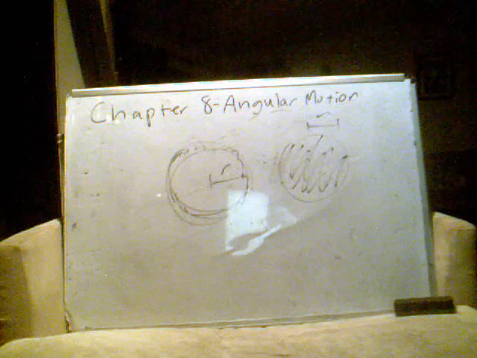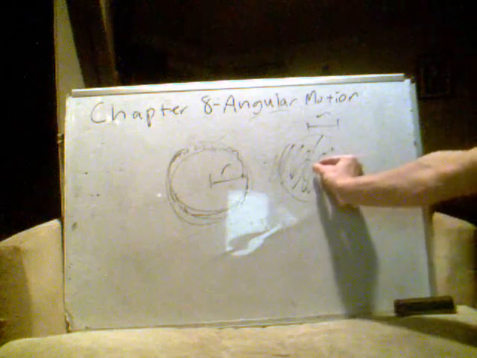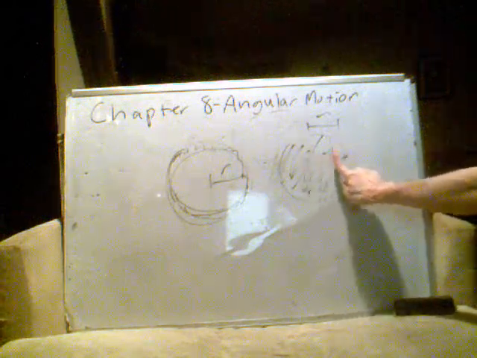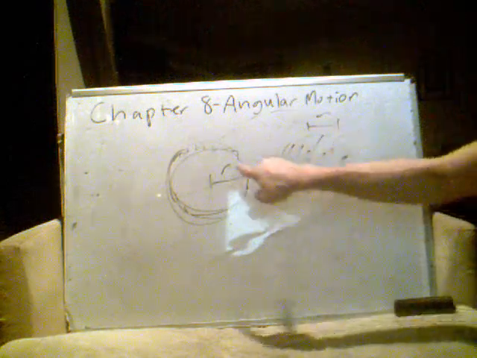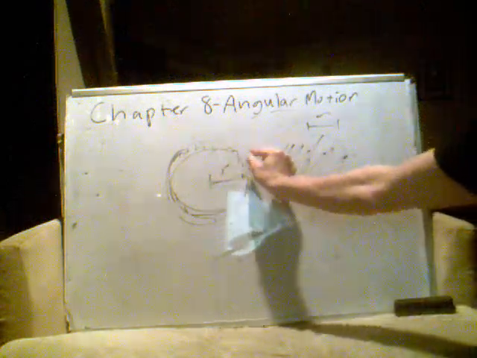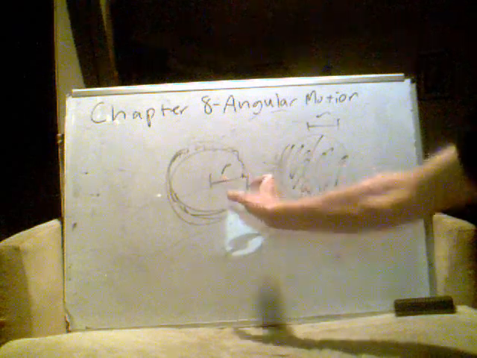Now, why was it that the solid object rolled faster? Well, it has a lower moment of inertia. Why? Well, it has some mass here, some mass here, some mass here, and so all of this mass is more evenly distributed, whereas the mass here is all just right at the radius, right?